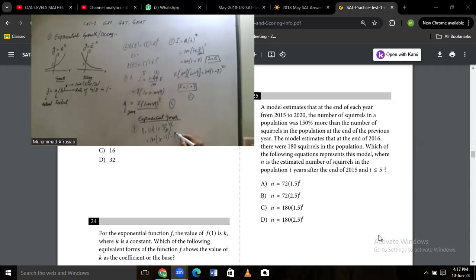So it should be equal to 180 into 2.5 power t. This is the expression for this exponential growth, and the answer to this question is part D.